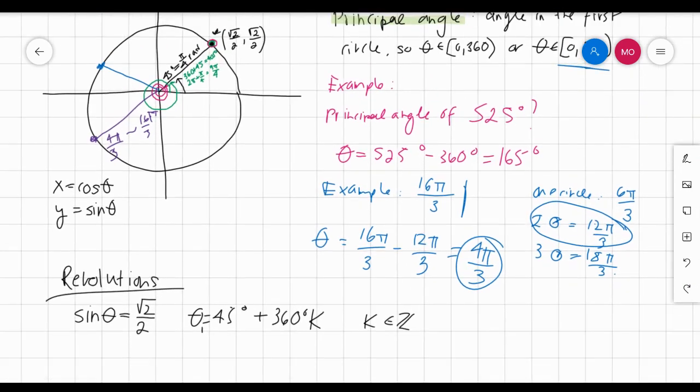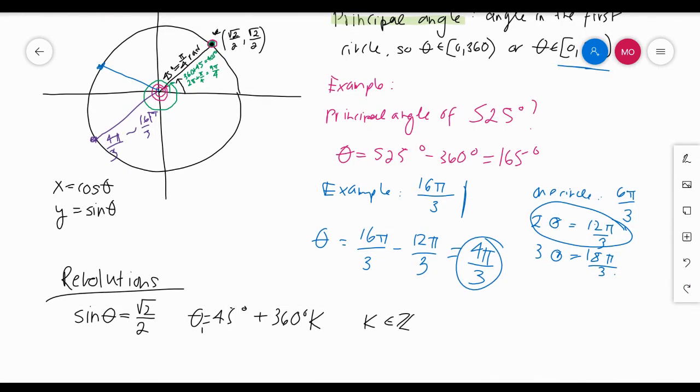Speaking of that, one thing I want you to notice is there's a second value, and you probably remember that from last year. There are actually 2 values. Sine is giving you the y coordinate, right? So the y coordinate is this one here, root 2 over 2. Sine, we said, is the y, meaning it's the y-axis.